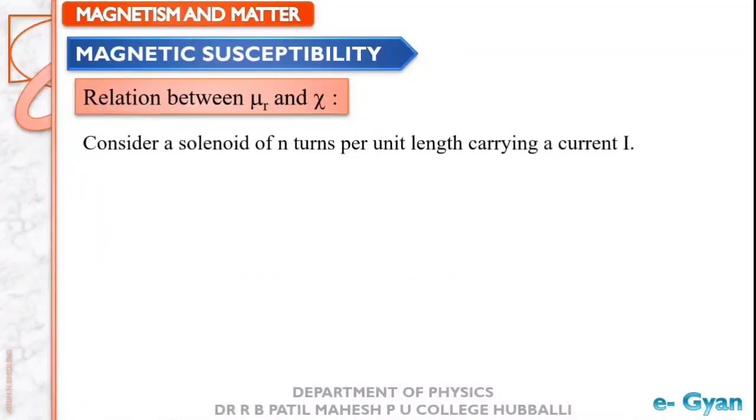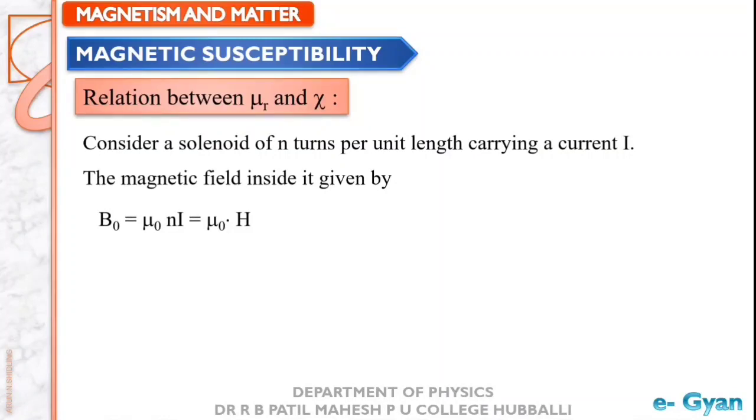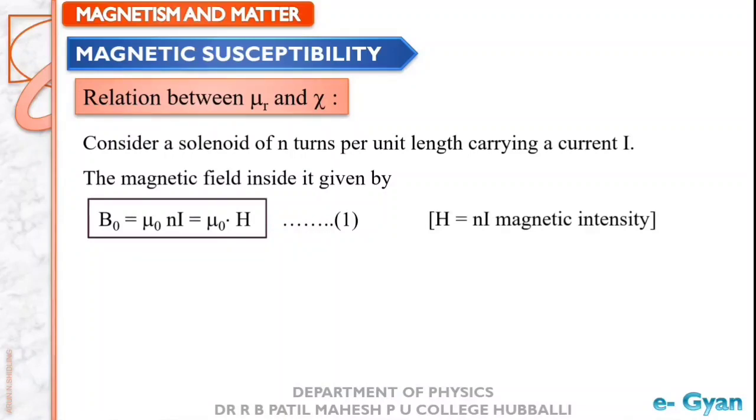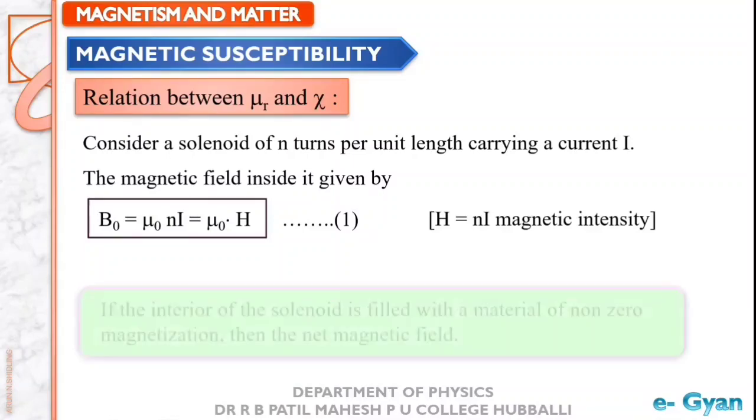To do this, let us consider a solenoid of n turns per unit length carrying current I. The magnetic field inside the solenoid is given by B naught equals mu naught n I, which equals mu naught into H. H is the magnetic field intensity inside the solenoid, which is equal to n into I. Let us take this as equation 1 and proceed ahead.